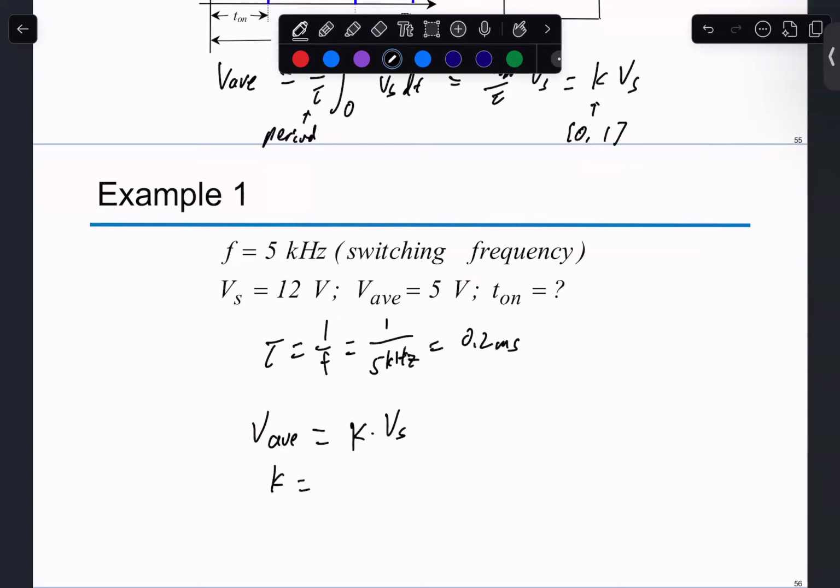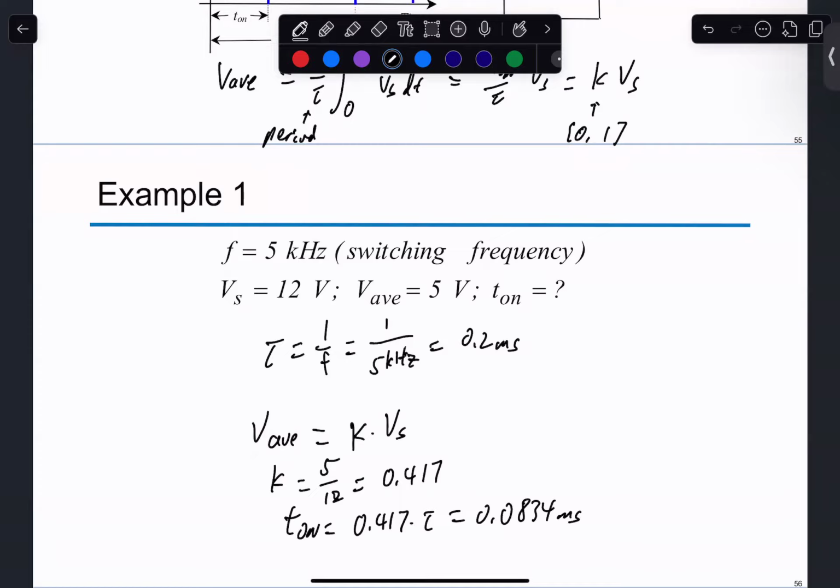So the duty cycle is 5 over 12, 0.417, and then T on is 0.417 times tau. This is 0.0834 milliseconds. So it's a very easy calculation to do.